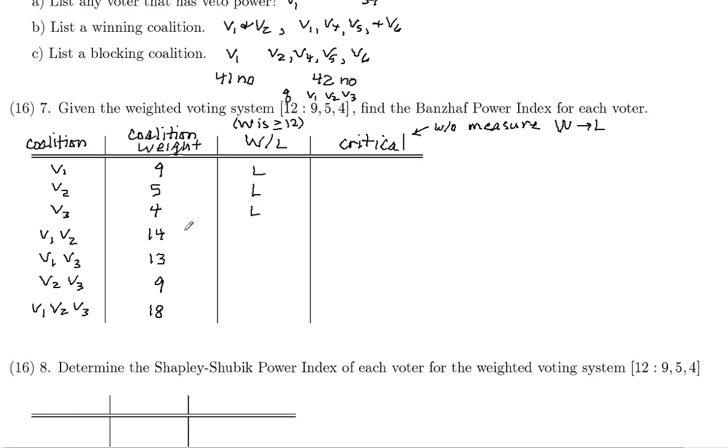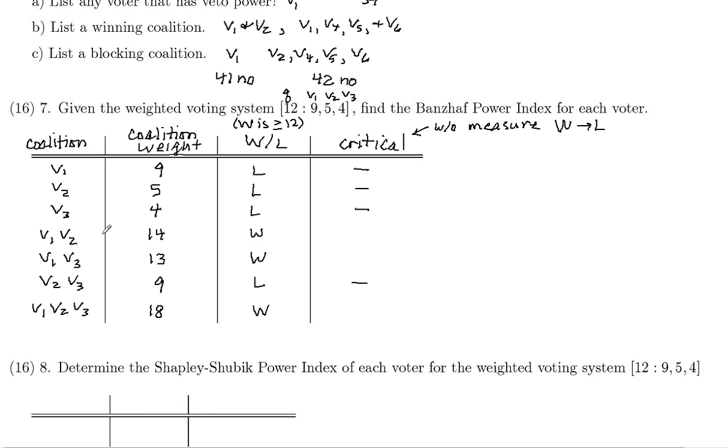So that's losing, 14 wins, 13 wins, 9 is losing, and then 18 wins. Then when you determine the critical voters, without their vote, the measure goes from win to lose. So if it's already a lose, we don't even consider those. There's no critical voters. So we only consider the winning coalitions.